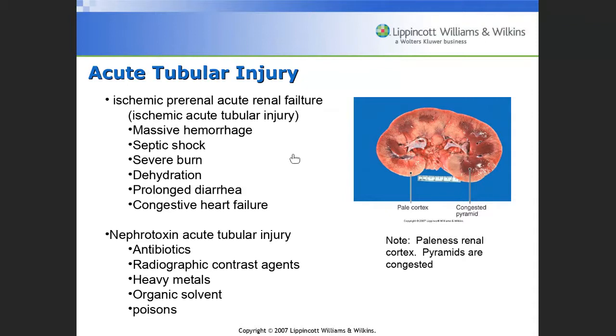When they come off, all these cells that are not supposed to be seen in urine can form casts, but in the process it can block the urine flow. And so the pyramid will look congested. You can see here the cortex looks wider than the other, which means not a lot of blood supply goes into here.